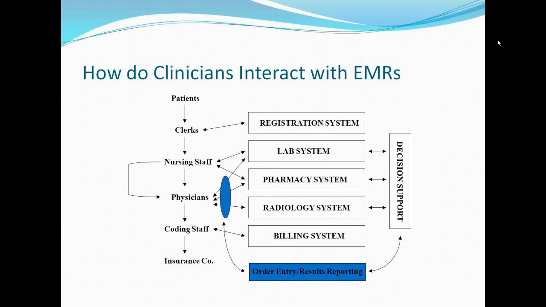Based on the registration system, the clerks will be able to give clear, concise information over to the nursing staff, who can interact with the lab system and the pharmacy system. The nursing staff can interact with the physicians based on that information.